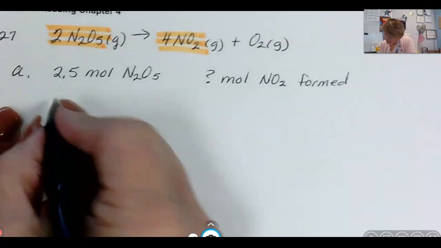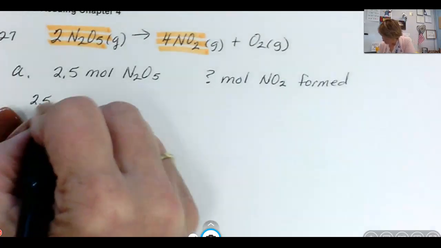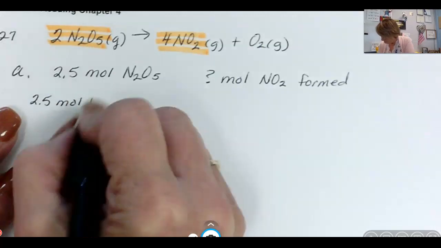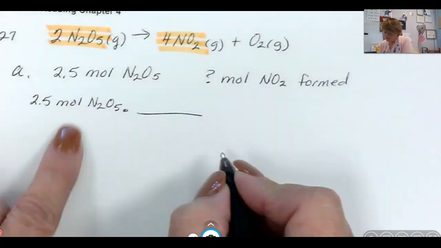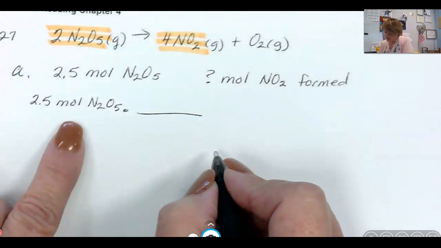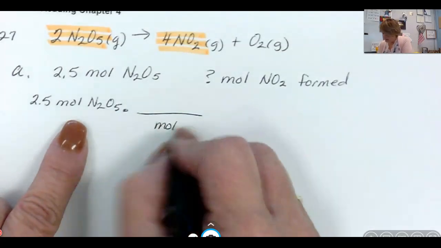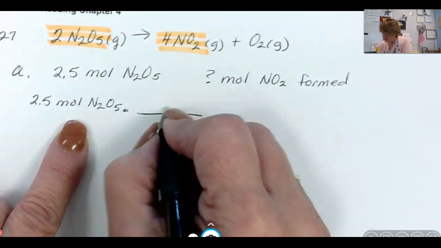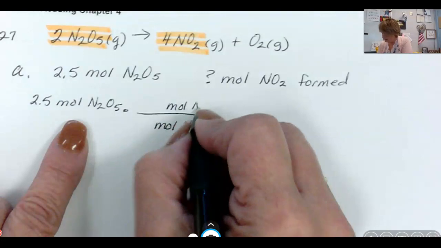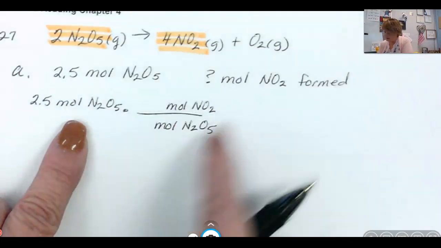So we're going to write down our given. I am doing a mole to mole conversion. I need my moles of N2O5, and again, you could start off and just write those down in O2. So I've got my two that I need.